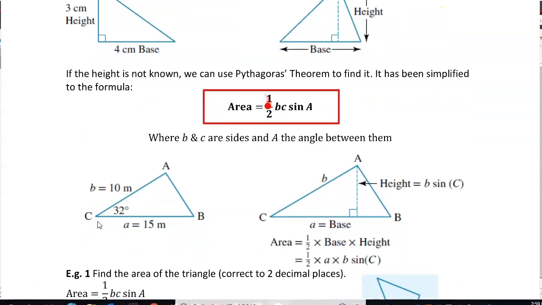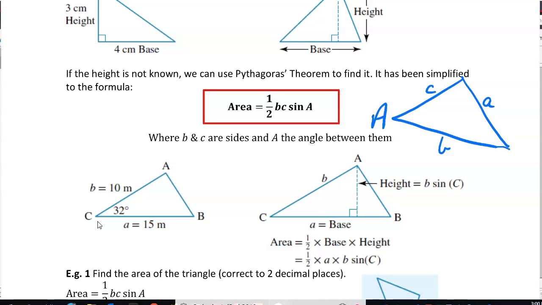So where the area is equal to half bc sine A. So what does that mean? As we know from our work about the notation of what we name the triangle sides, if I've got a triangle like that, side a, that is angle A, side b, side c.